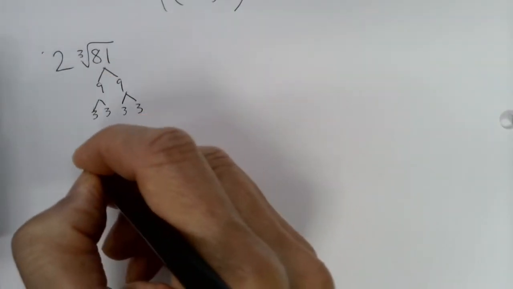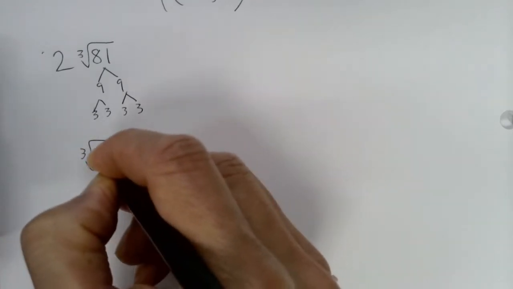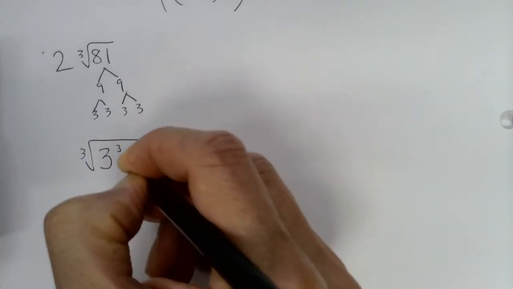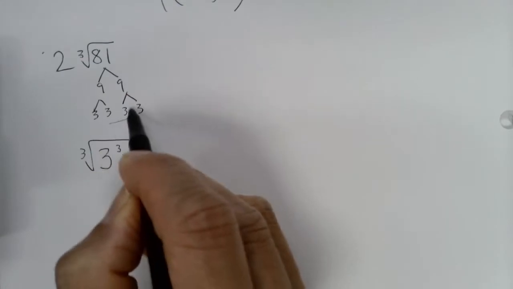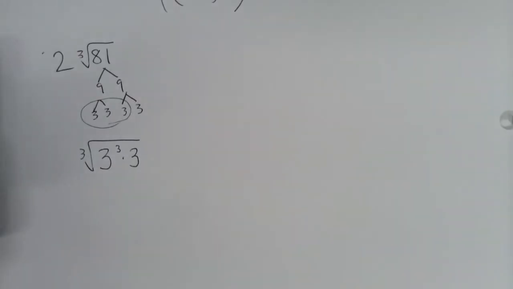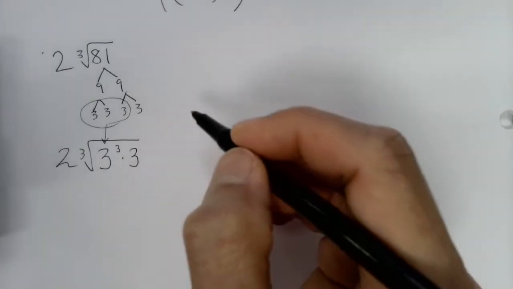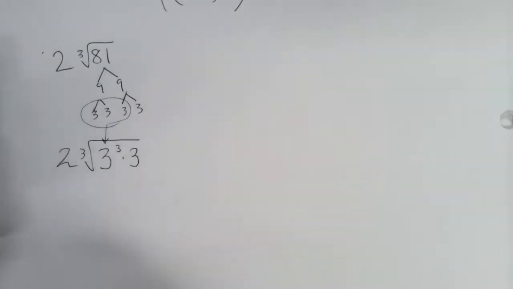So I don't have to, but I could rewrite this as the cube root of 3 cubed times 3, right? So I've got those 3 that I'll write this way, just to make it more clear, or obvious. That's a 2. Pardon the squiggle there. My 2 is dancing.